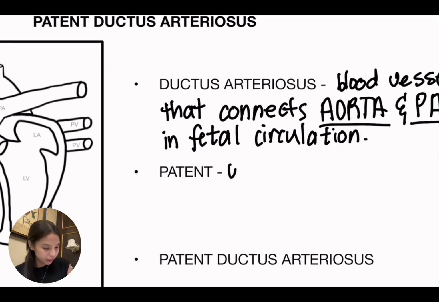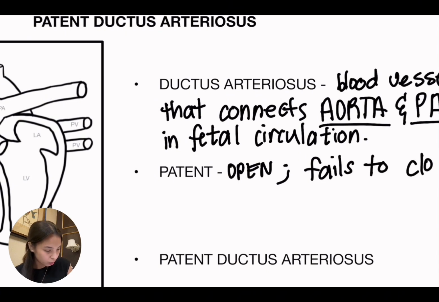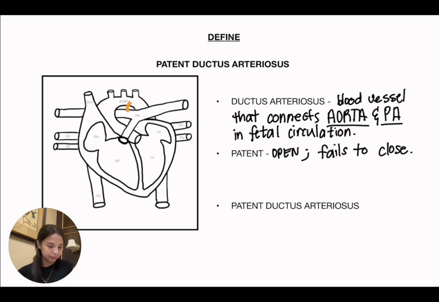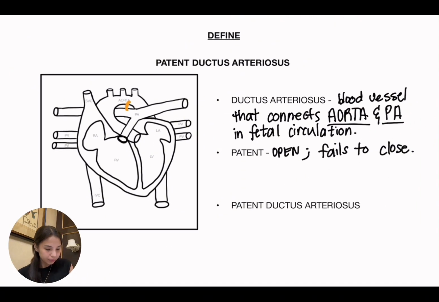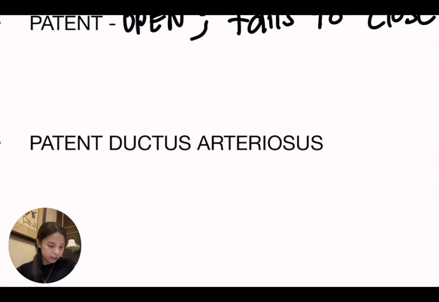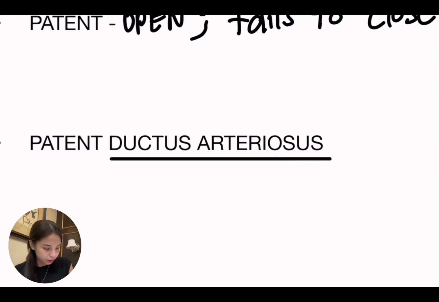Okay, patent means it is open and it fails to close. Did we understand that? Okay, supposedly. So again, what is patent ductus arteriosus then? Ductus arteriosus that remains open.